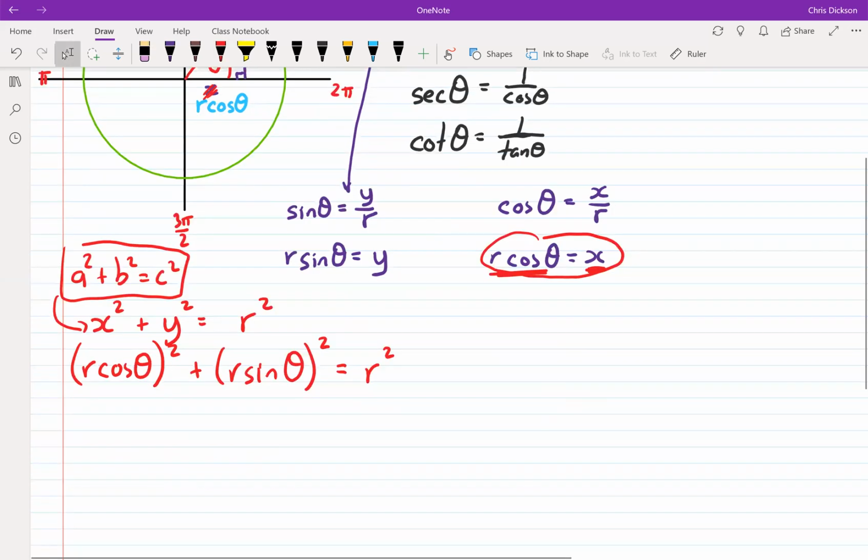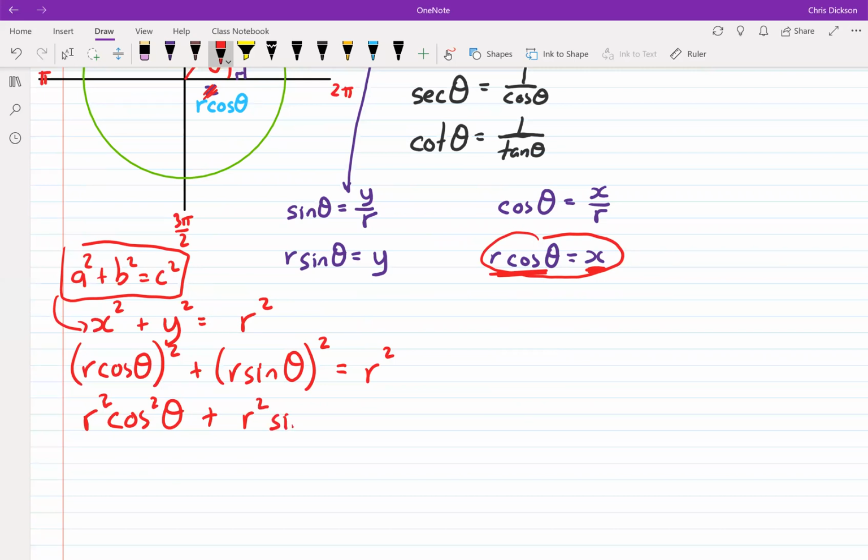And if I square these terms, I would get R squared cos squared theta, R squared sine squared theta equaling R squared. And so I'm going to make a little note over here that if you take cos theta and you square it, so that means cos theta times cos theta, the way we write that in math classes is this way.